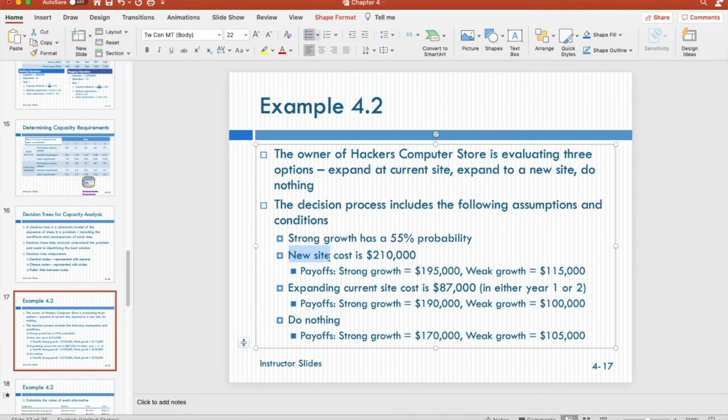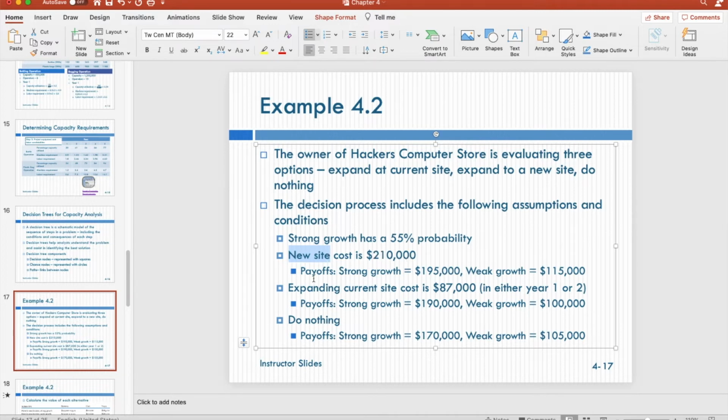If you expand at the new site, you can probably imagine the cost will be higher compared to expanding at the current site, and of course higher than if you do nothing, because if you do nothing, your cost of expansion is zero. Now suppose the new site cost is $210,000.